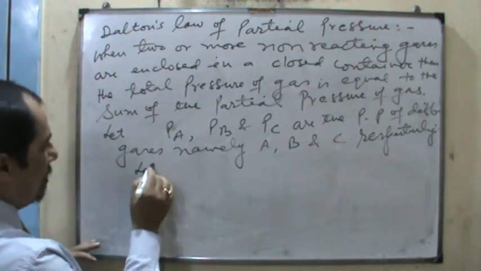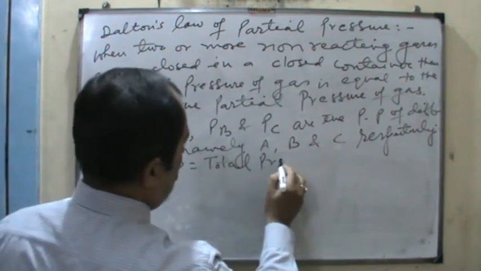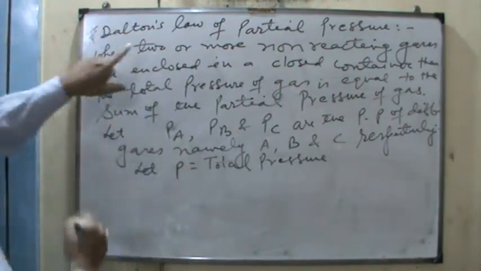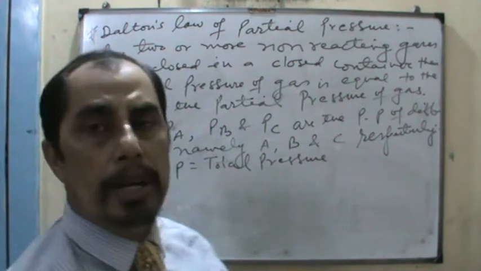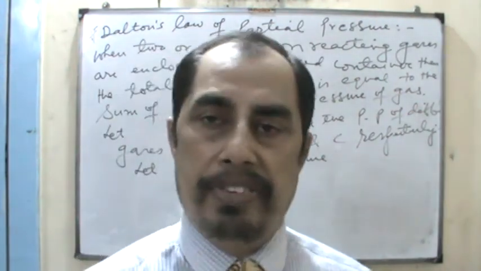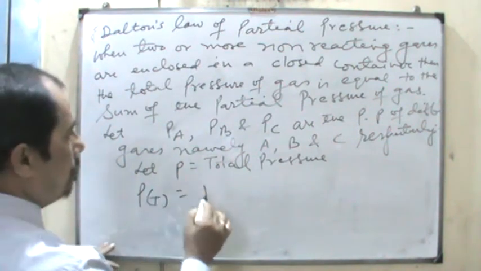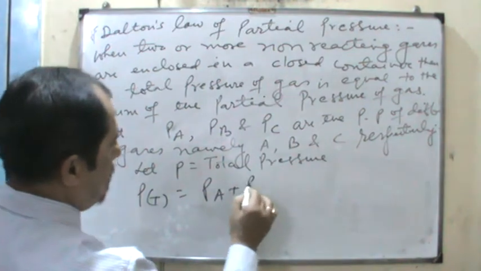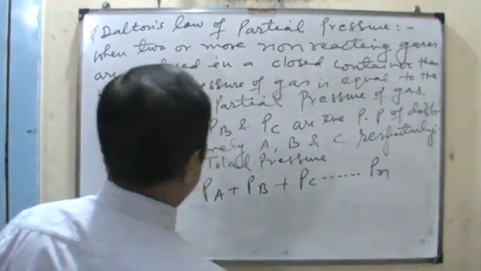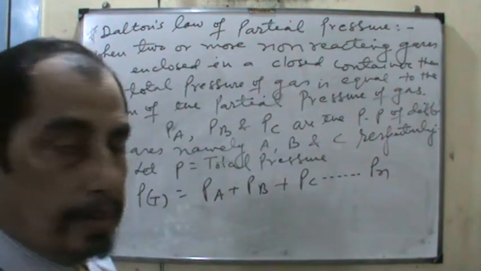Let P be the total pressure. So applying Dalton's law of partial pressure, the total pressure is equal to the sum of the partial pressures of the different gases. So P total equals PA plus PB plus PC and so on. This is Dalton's law of partial pressure.